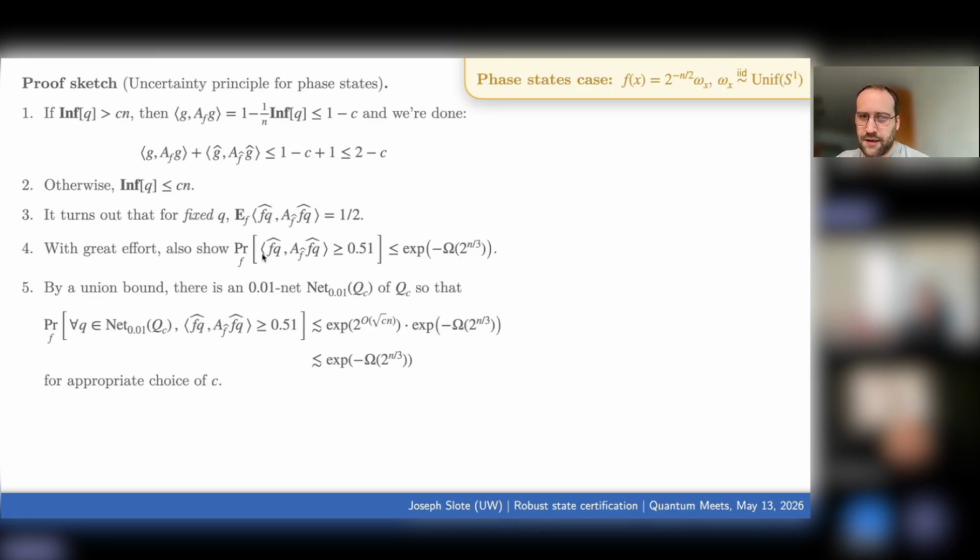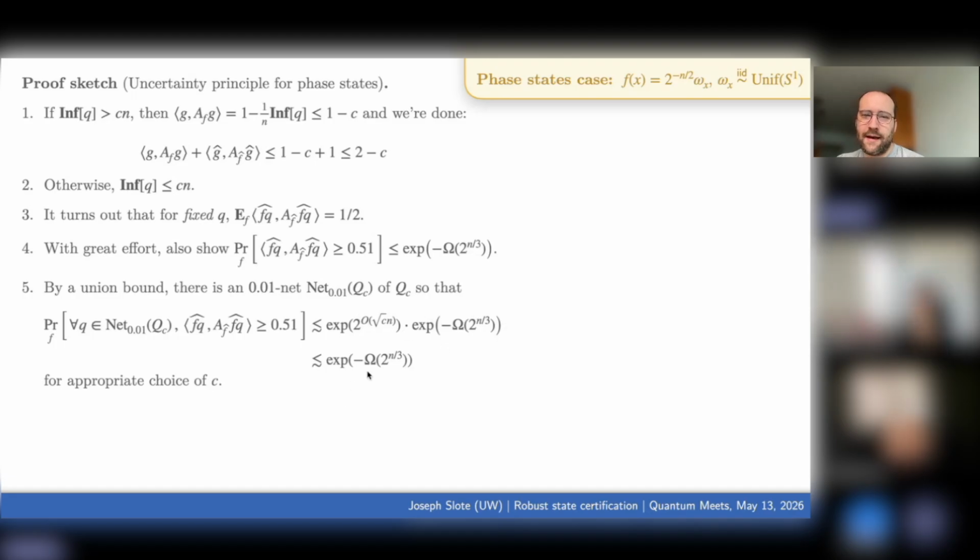So we simply union bounded this part with the number of Q in the net. And because we got to choose C ourselves, we can ensure that the cardinality of the net is smaller than this concentration tail.